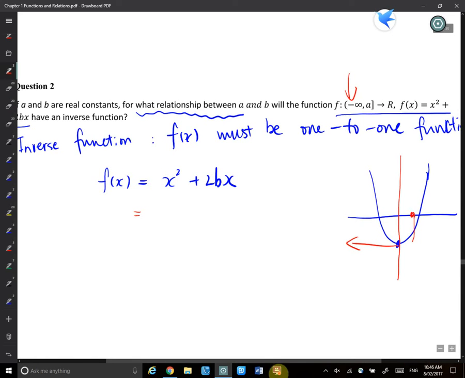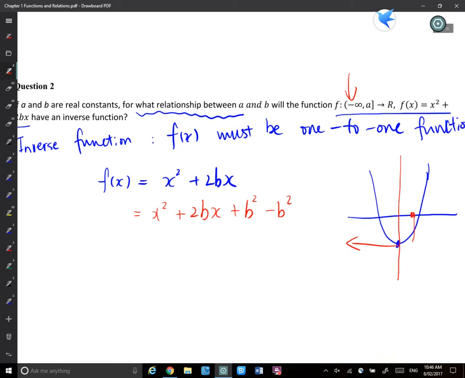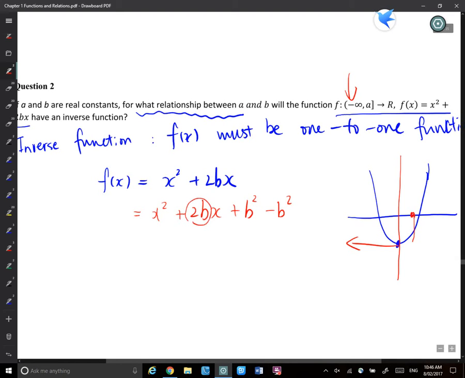So to find the turning point, x squared plus 2bx plus b squared minus b squared, completing the square: plus half of the middle value squared and subtract that value squared as well. That gives x plus b squared minus b squared.